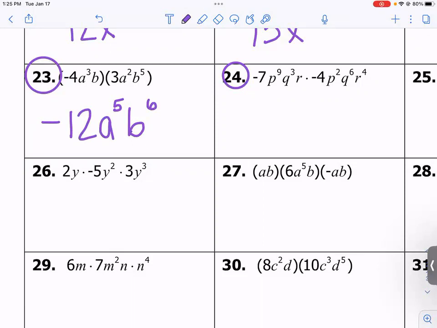Okay, so we are multiplying, which means we add the exponents. Since we're multiplying, we add the exponent. Same with b to the 6th, b to the 1st times b to the 5th, we add our exponents, okay? Excellent. Seth, what'd you get for 24? Elliot, do you agree with this? Yes, okay. -7 times -4 gives us the 28. Since we're multiplying, we're gonna add the exponents.